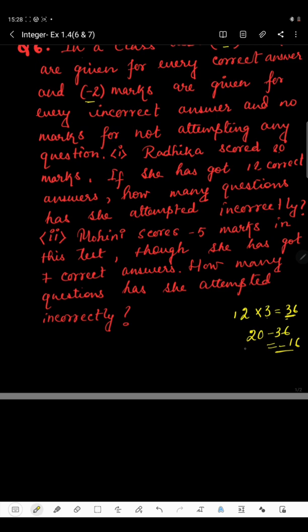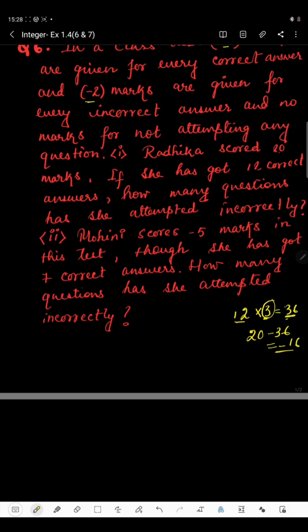Now see here, to get the total score, what we have done, this is the marks you are getting for giving a correct answer, and these are the number of questions. So the number of questions will be multiplied with the marks given for one correct answer to get the score.